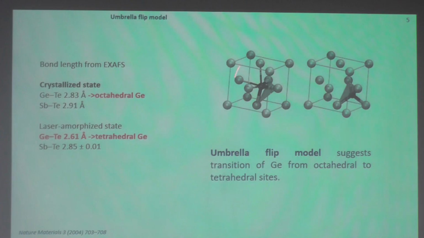We have the crystalline phase, and on the phase change between the crystalline and amorphous state, the octahedral germanium shifts to the tetrahedral sites. It brings high distortions into the system, and the system collapses and transforms to the amorphous state. So it's based on the transition between octahedral and tetrahedral sites.